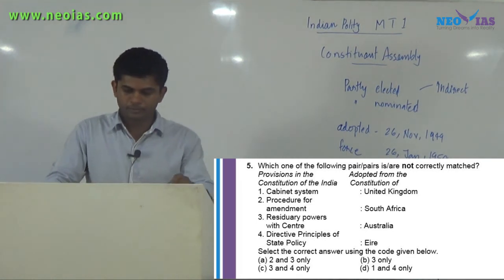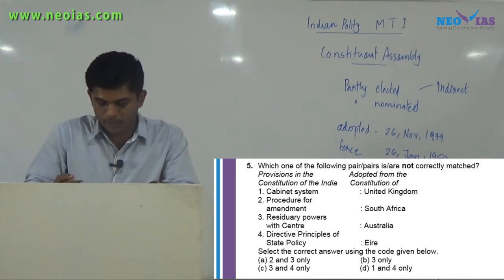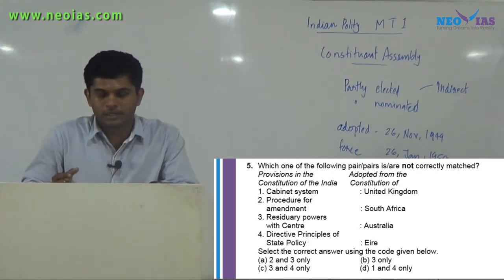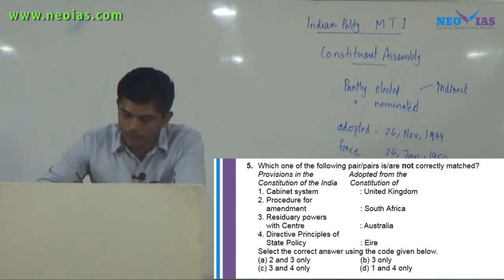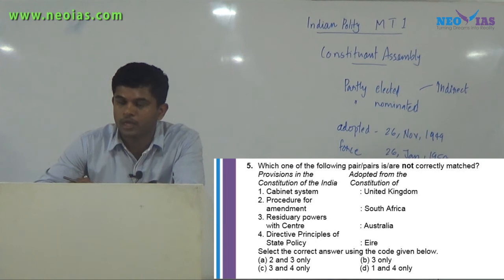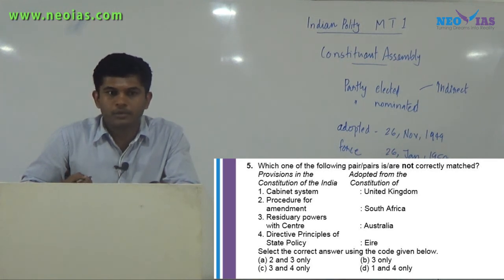The cabinet system was borrowed from the United Kingdom. That pair is correct. So the first pair is correct, which means 1 will not be part of the answer you have to take.